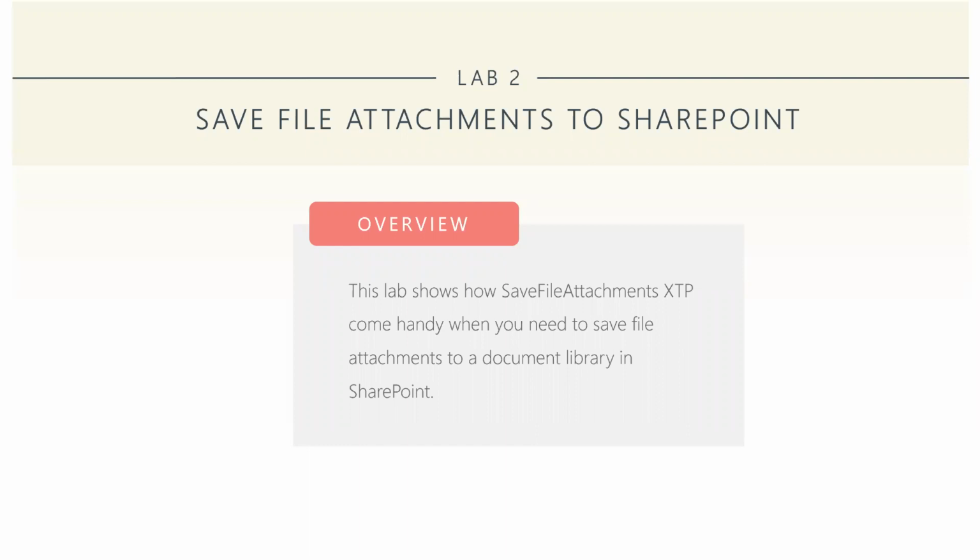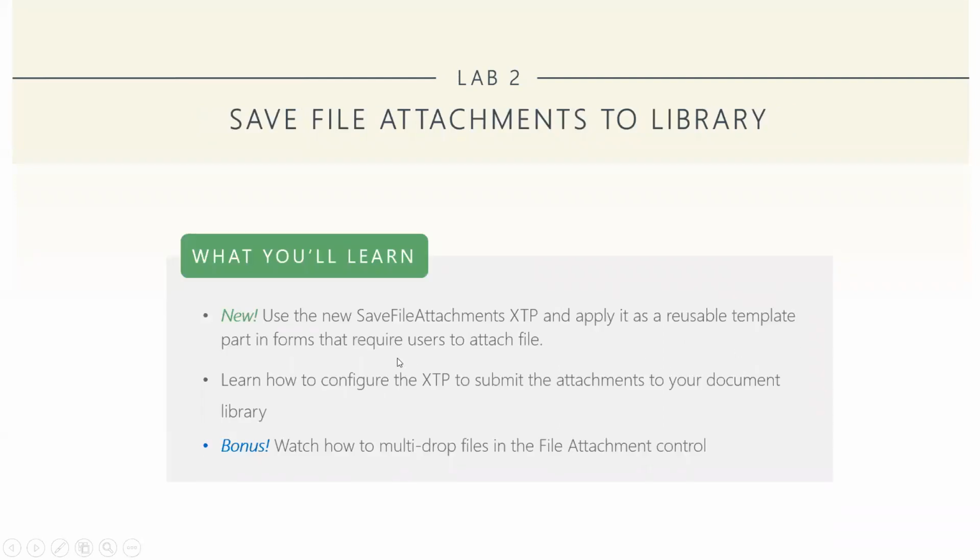But this time we are going to save file attachments to a SharePoint library. We're going to use a brand new XTP that we have not used before. We just developed it for this training. It's called Save File Attachments, and I'm going to show you how you can configure that in your forms.